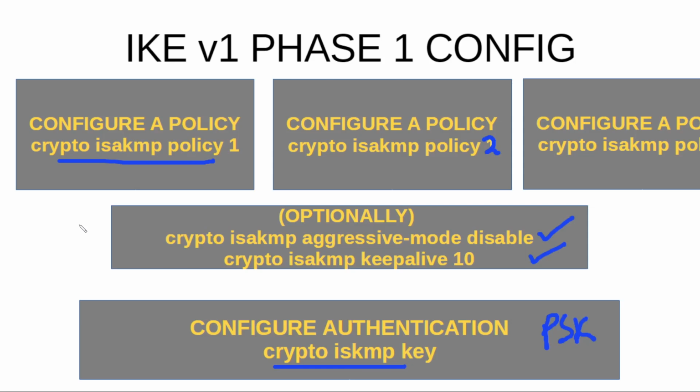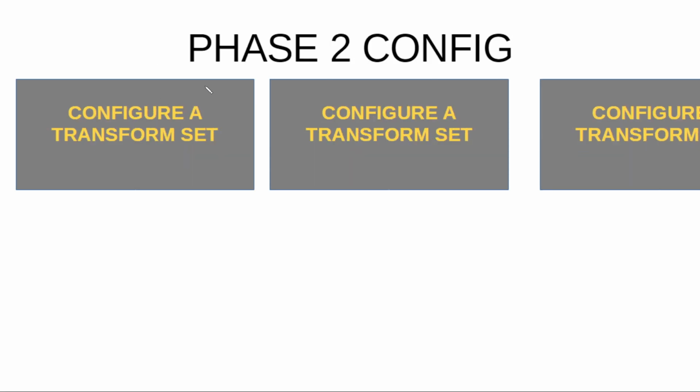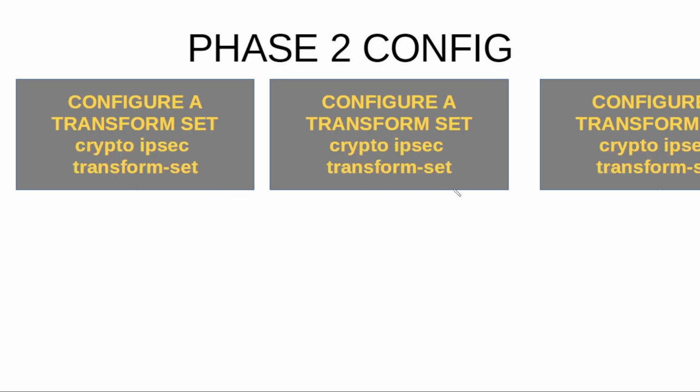So let's go for phase 2. For phase 2, we are going to configure what we are going to call transform sets. We can have one transform set, two transform sets, or as many transform sets as you want. The command to create this transform set is crypto IPSEC transform-set.